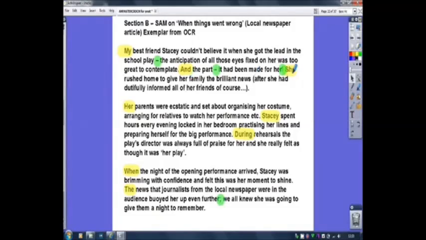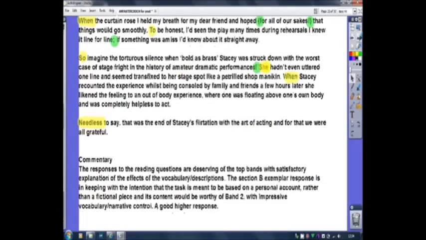My, and, she, her, Stacy. During, alright, that's slightly different. During, when, the. In other words, this candidate here has a really conventional style. Another when down here. Not ambitious, not a risk taker. This is someone who is saying, I don't want the A star, I'm not prepared to take a risk.